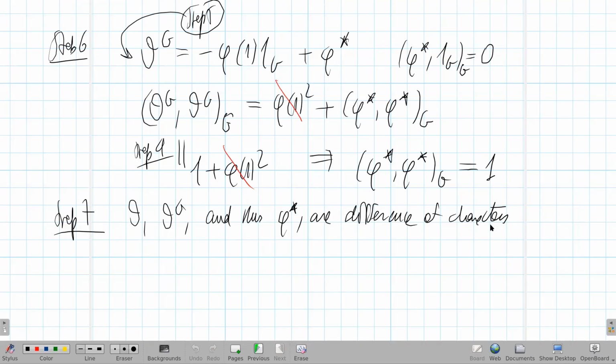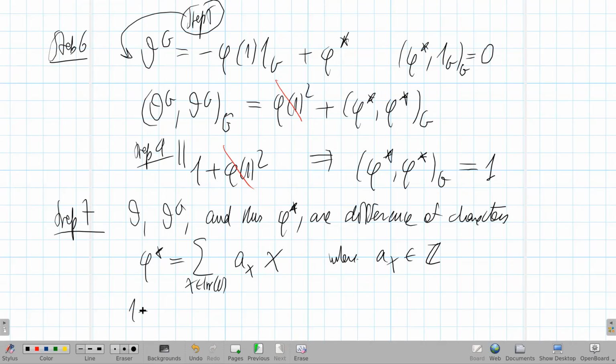So when you take a difference of characters, the coefficients are integers, possibly negative. So this means that phi star is equal to a sum over the irreducible characters of G. Well, 1_G does not appear, but this is not important, of a coefficient a_chi times chi, where the a_chi are integers, okay?